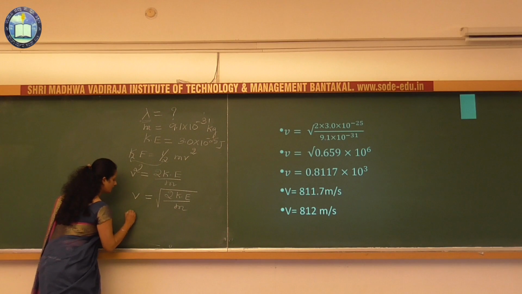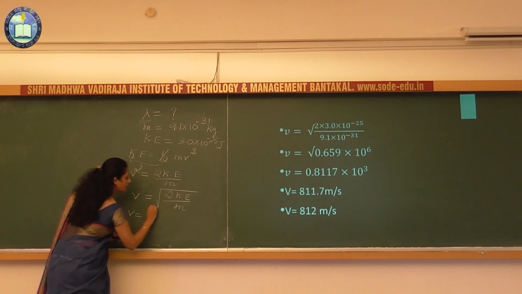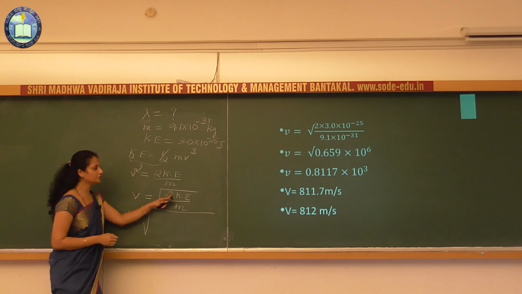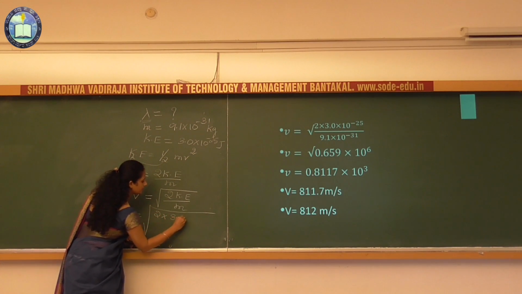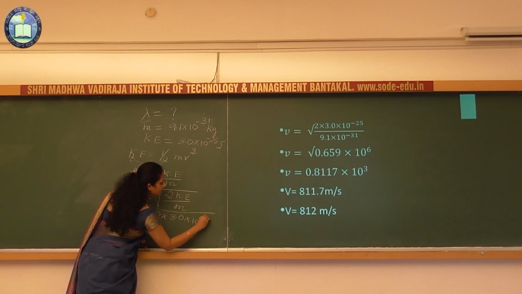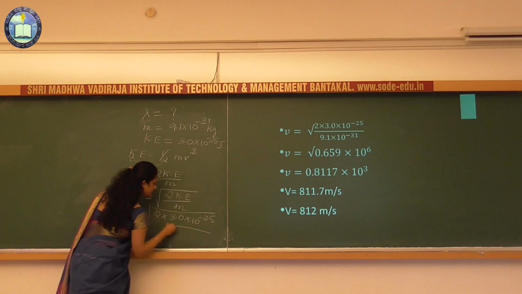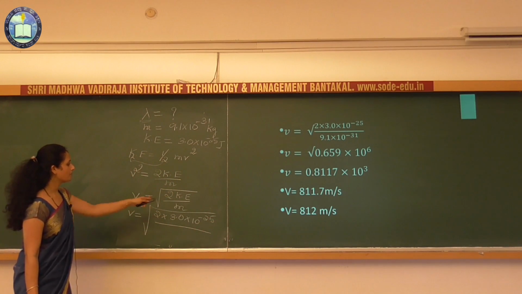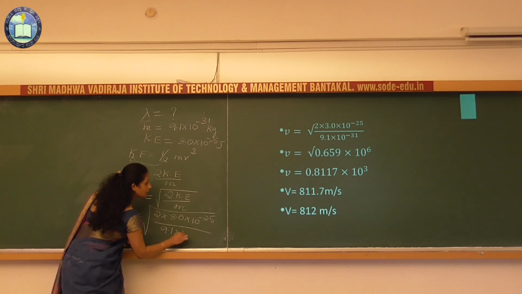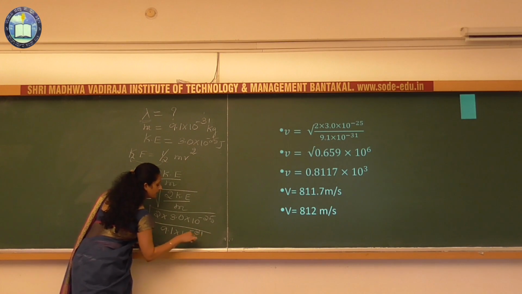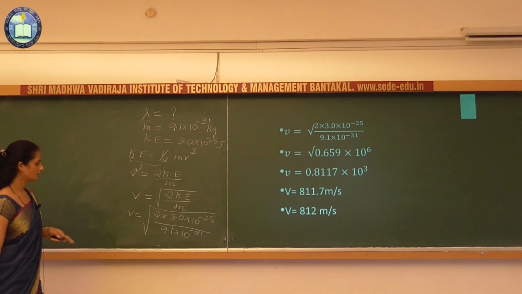Substitute here, V is equal to square root of 2 into kinetic energy, 2 into 3 into 10 to the power minus 25, whole divided by mass, 9.1 into 10 to the power minus 31 kg.